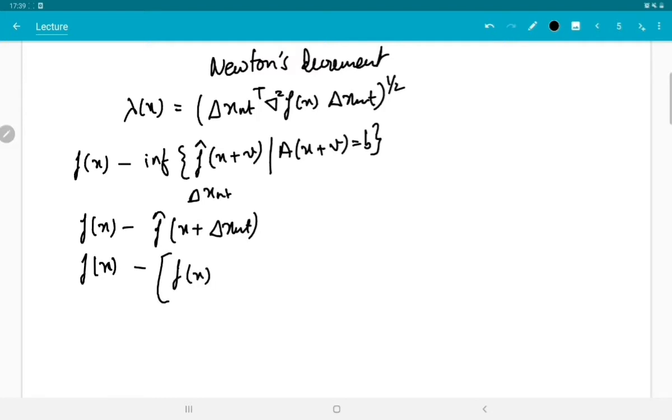This is f(x), the second order Taylor expansion, plus del f(x) transpose delta x_nt plus half delta x_nt transpose del square f(x) delta x_nt.